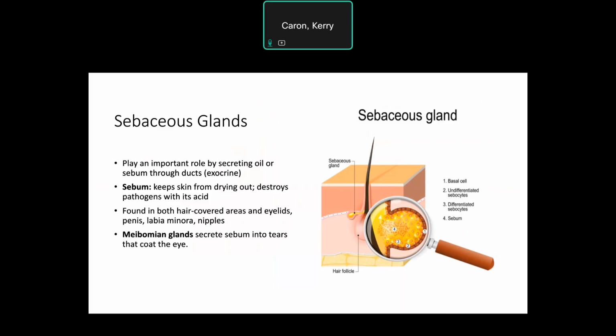It's found all over our body, but a lot of sebaceous glands are found in hair-covered areas, the eyelids, the penis, the labia minora, and the nipples. I'm not sure how to pronounce this, but meibomian glands secrete sebum into our tears that coat the eye. So they're specialized sebaceous glands.